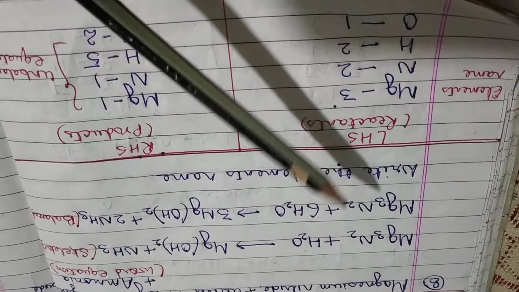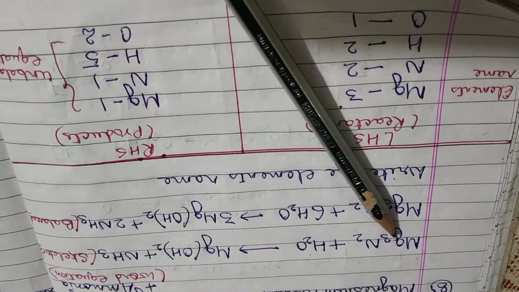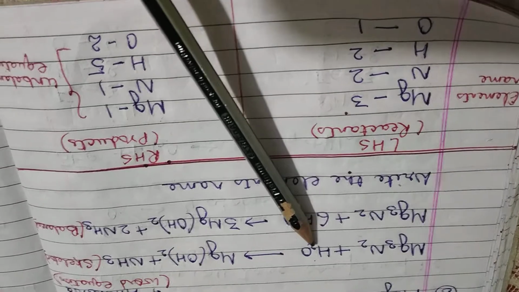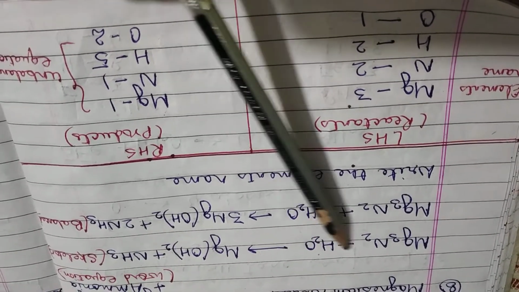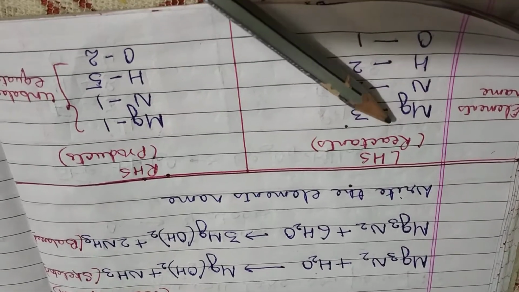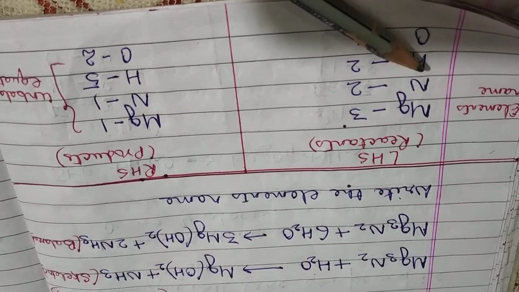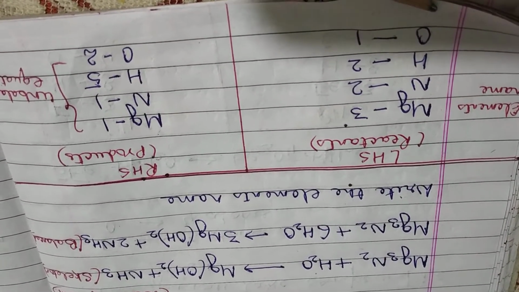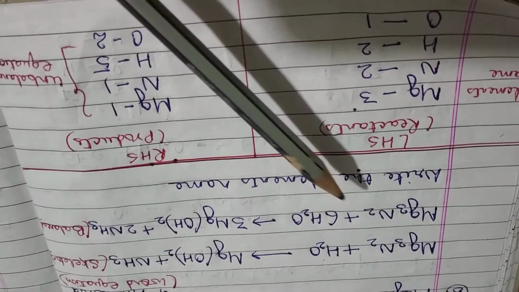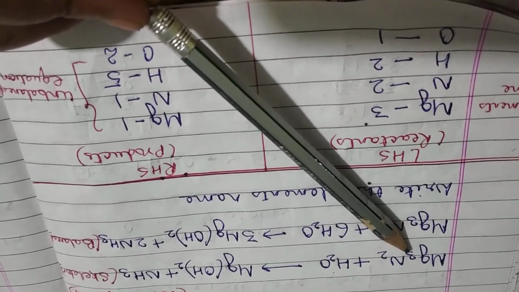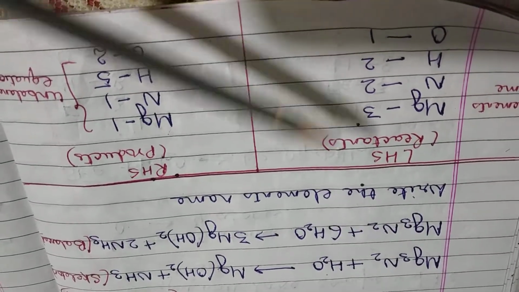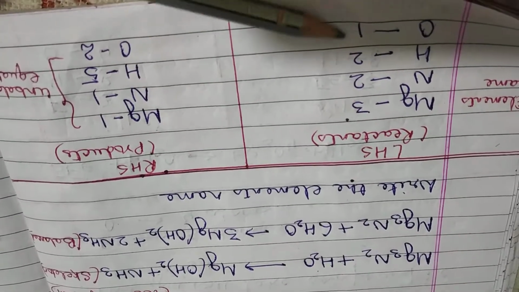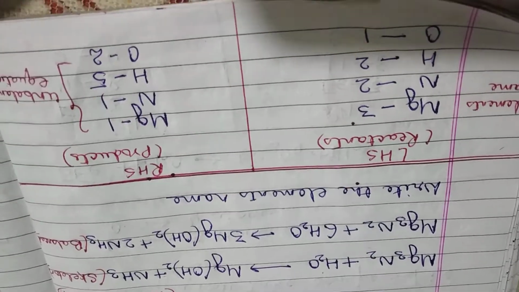On the left hand side you will see magnesium present, nitrogen present, hydrogen present and oxygen present. It means on the left hand side 4 elements are present: magnesium, nitrogen, hydrogen and oxygen. Then you will count the number of atoms here. Magnesium has 3, nitrogen 2, hydrogen 2 and oxygen 1.